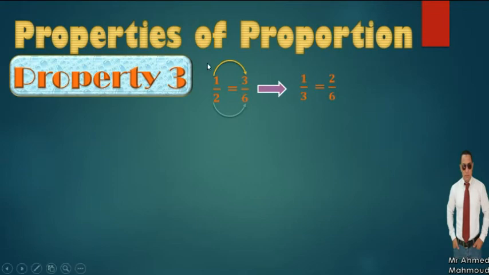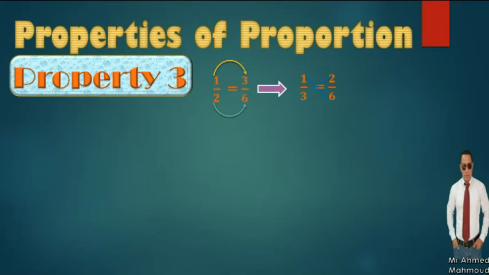How come? The antecedent over the antecedent equals the consequent over the consequent. You can check this one: 1 times 6 equals 6, 2 times 3 equals 6. Then this is a correct statement.